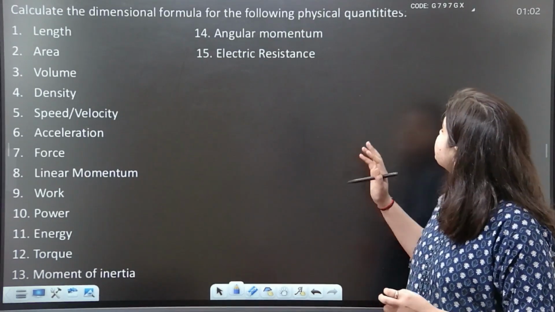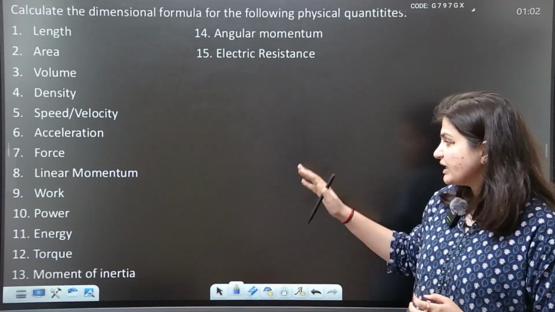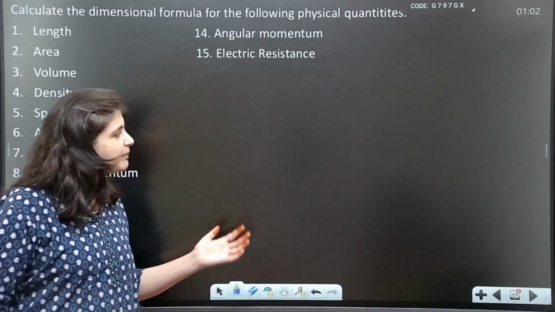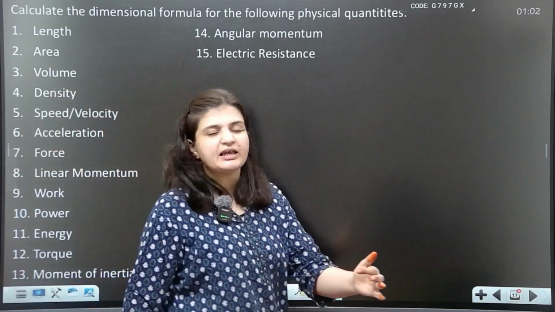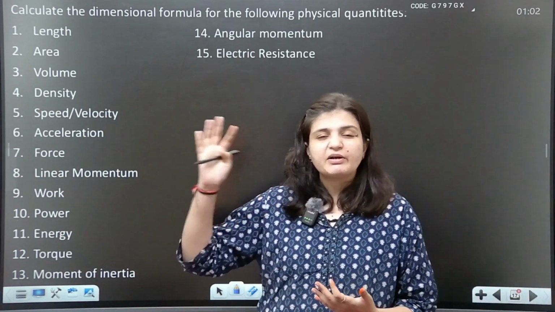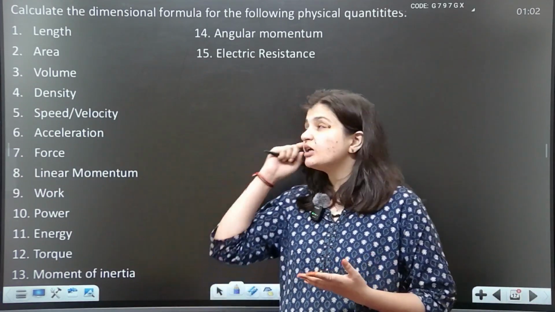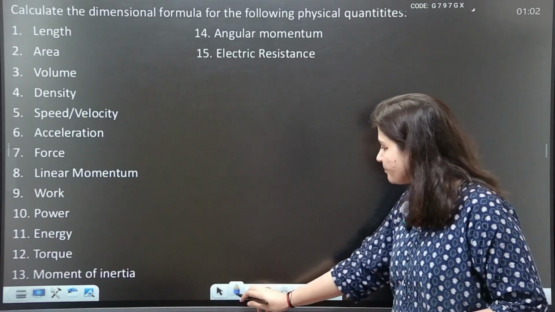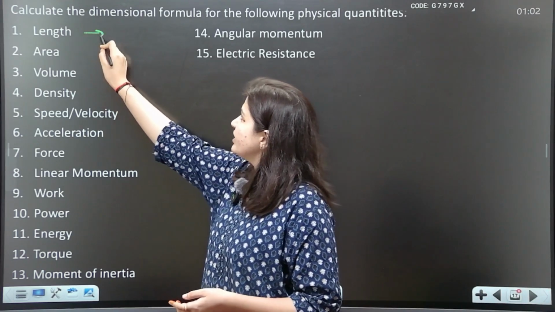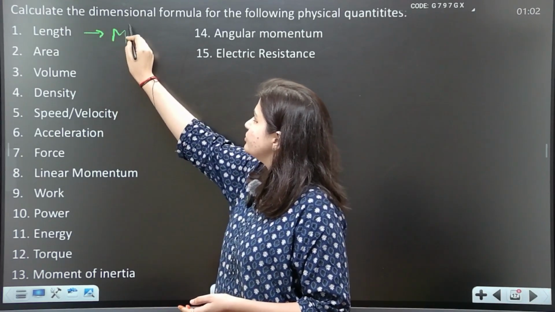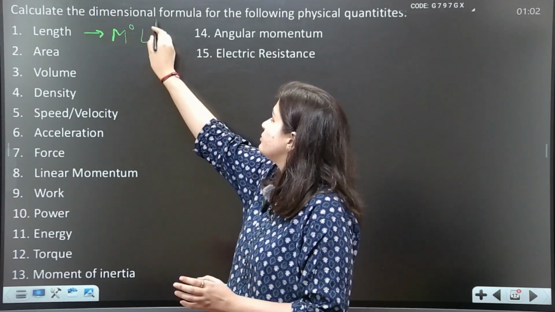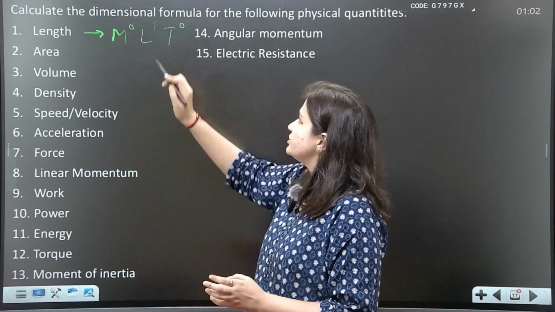So students, these are the various quantities in physics which we will come across in the entire 11th and 12th. If we have to find the dimension, we first take length. What is the dimension of length? M to the power 0, since length is not dependent on mass, L to the power 1, T to the power 0.